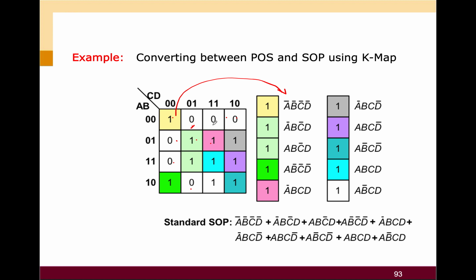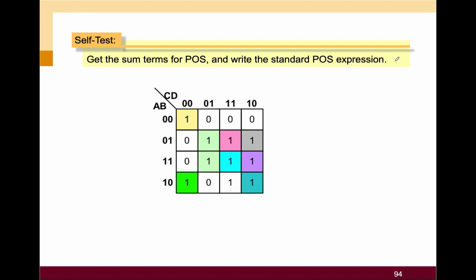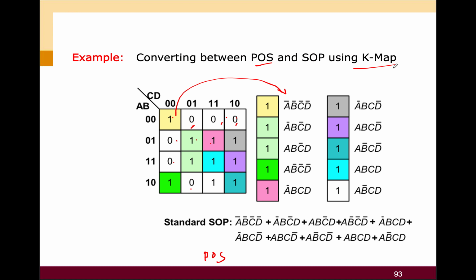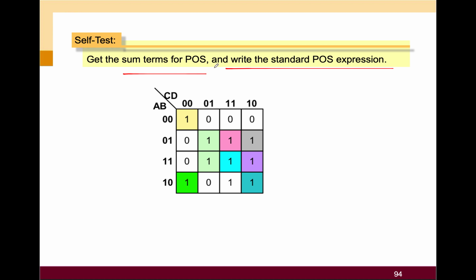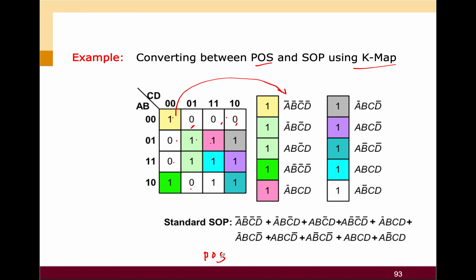So you can use these 0s and put them into POS using your KMAP. Get the sum terms of POS and write the POS expression. It is showing over here. This is a self-test, that's why it's not giving you the answer, so you can try and look into it.